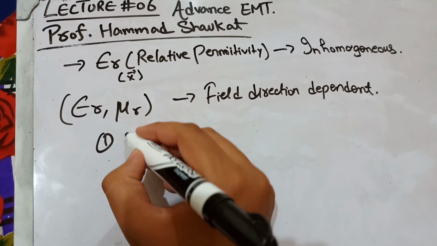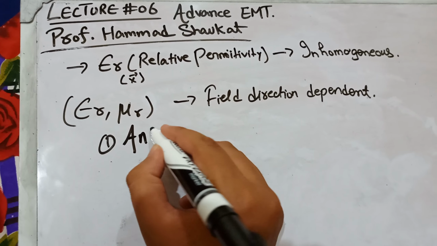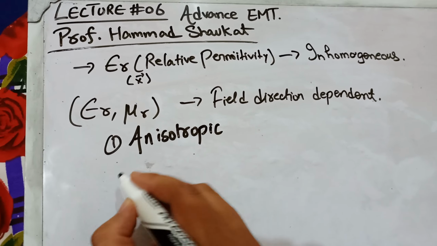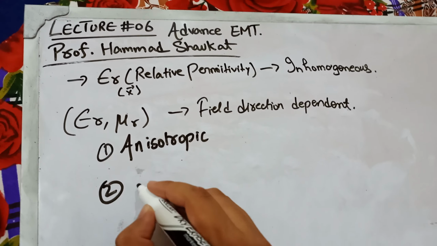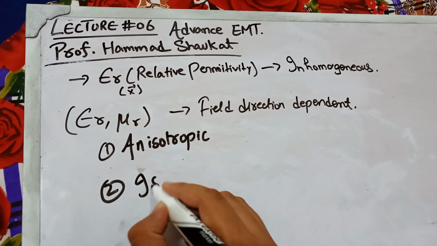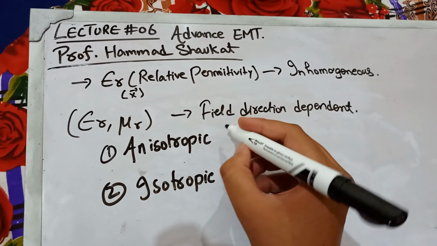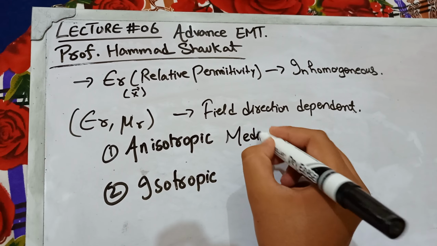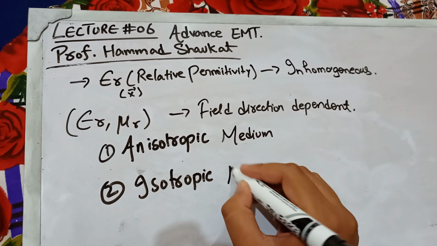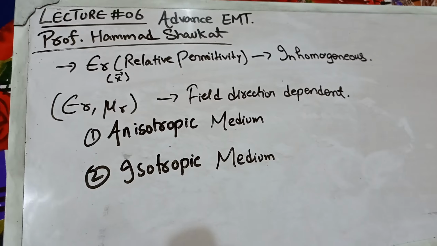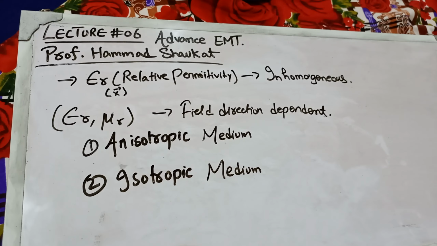Your first form is basically anisotropic, and your second form is basically isotropic. Okay, an anisotropic medium and an isotropic medium. And what is basically an anisotropic medium?